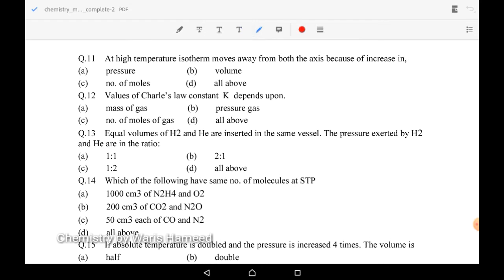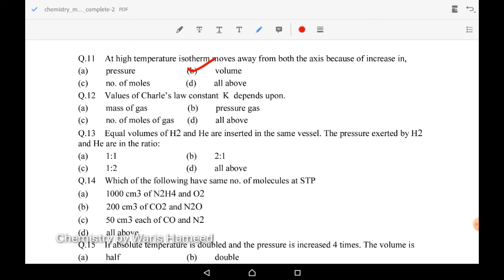The value of Charles' law constant K depends upon the mass of the gas, the pressure of the gas, and the number of moles of gas. According to Charles' law, the volume is directly proportional to absolute temperature, and volume depends upon the number of moles of gas.